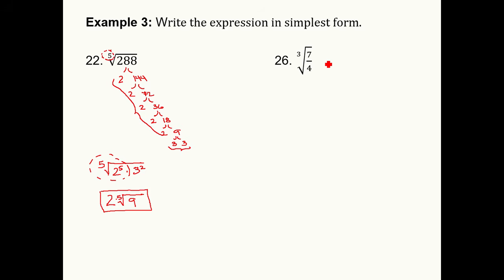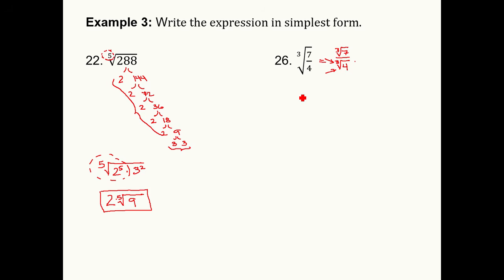For number 26, here we've got the cubed root of a fraction. Remember, that's the same thing as the cubed root of the numerator over the cubed root of the denominator. And what I need to do is figure out a way to multiply that fraction by something to eliminate the radical in the denominator.